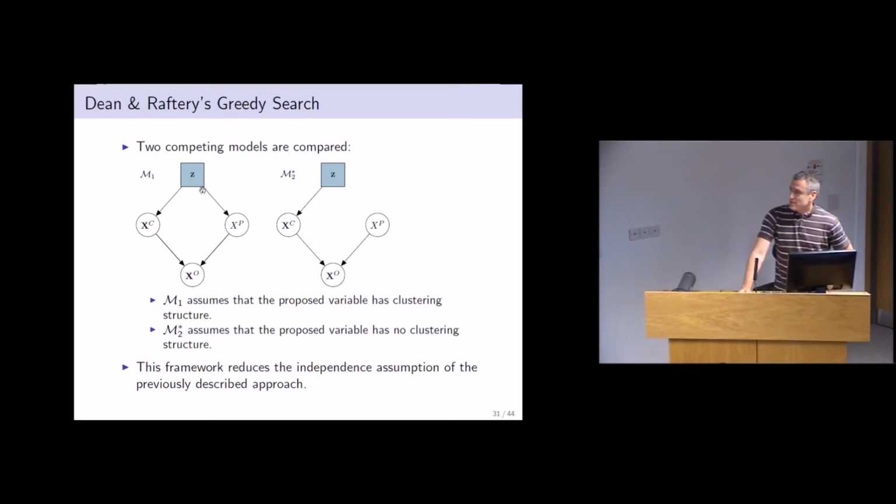The clustering variables are directly linked to Z. So the clustering variables depend on Z, and the proposed variable depends on Z. And then we're going to say that the other variables are conditionally independent of Z, given the clustering and the proposed variables. They compared that to a model where there's no link between Z and the proposed variable. So that's telling us Z has no information about the proposed variable.